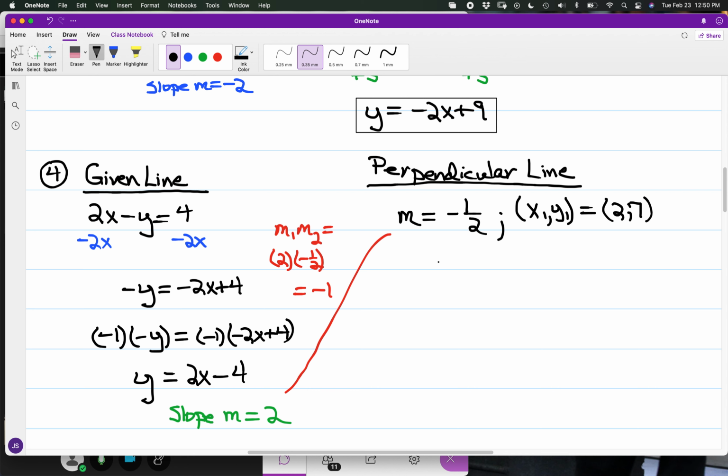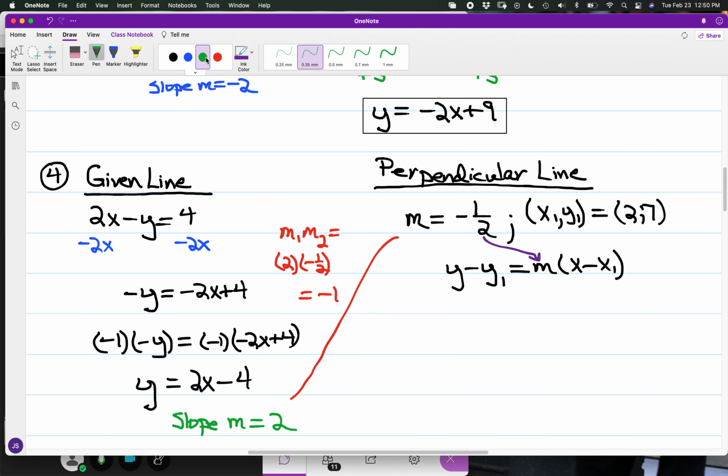In determining the slope-intercept equation, using the point-slope formula as the backdrop, we have slope at -1/2, x1 at 2, and 7 in reference to y1. So in the setup, we have y minus 7 is equal to -1/2 times the quantity of x minus 2.